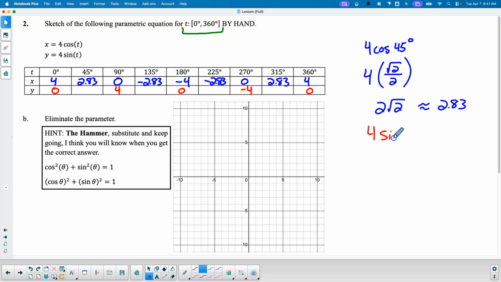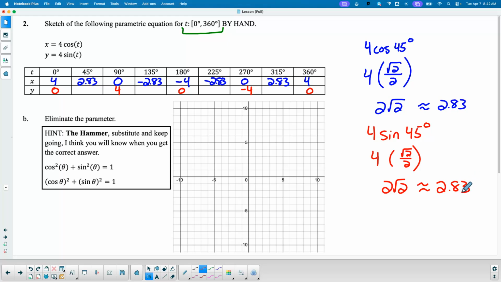For sine of 45 degrees, it is going to be 4 times square root of 2 over 2, which is 2 square roots of 2 again, approximately 2.83.